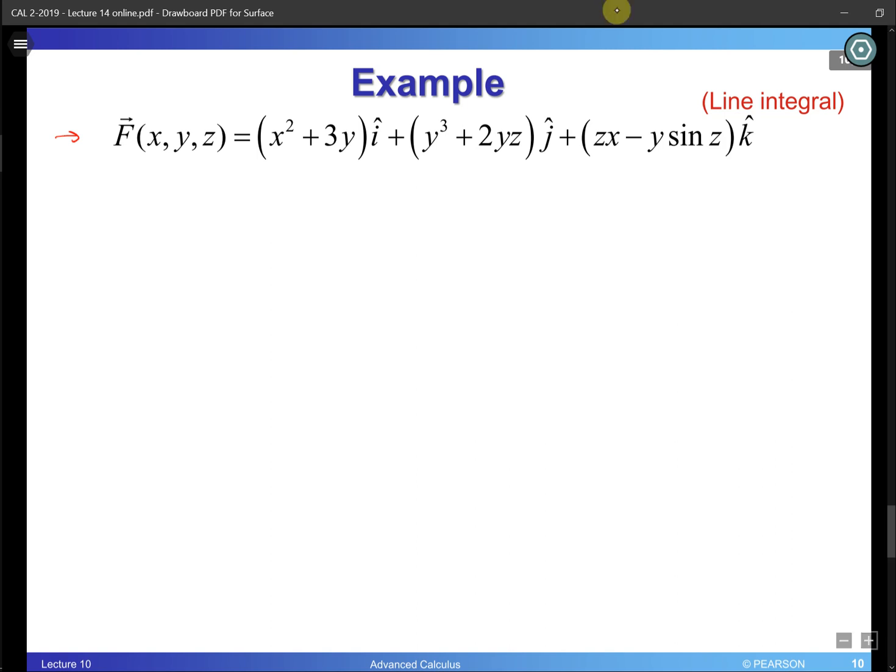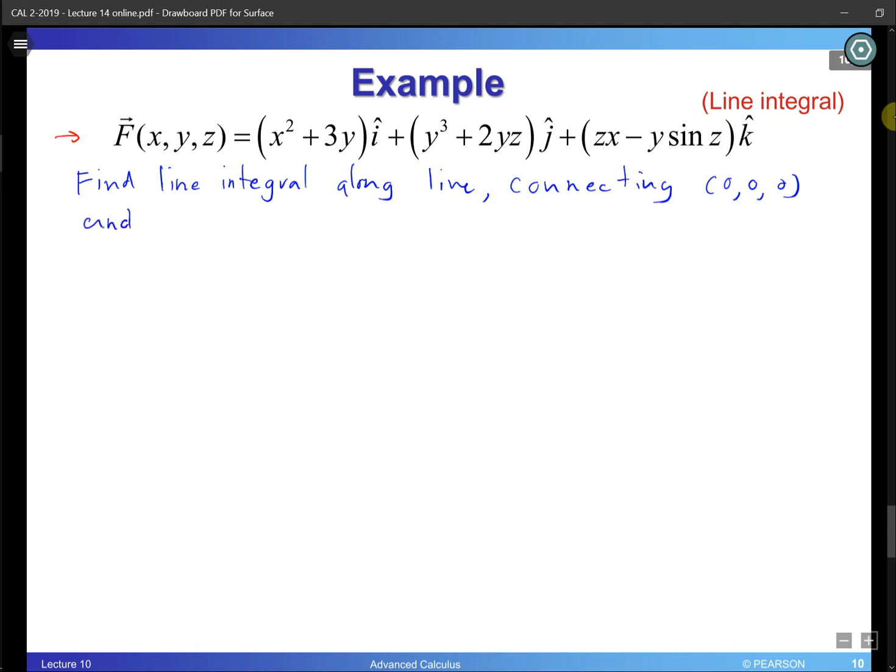Find the line integral along a line connecting point 0, 0, 0, the origin, and the point 1, 2, 0.